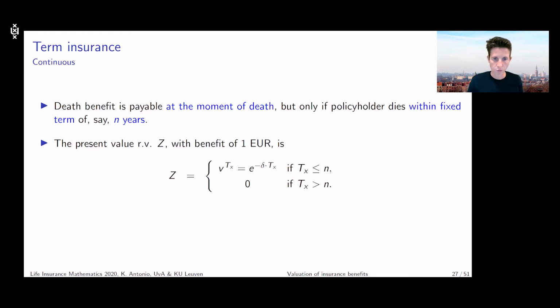So if we look at the actuarial notation for this product, now things get a little bit complicated. We recognize the capital A because we're dealing with an insurance product. We recognize the bar because we're working in continuous time. We recognize the x because we sell this product to an x-year-old.